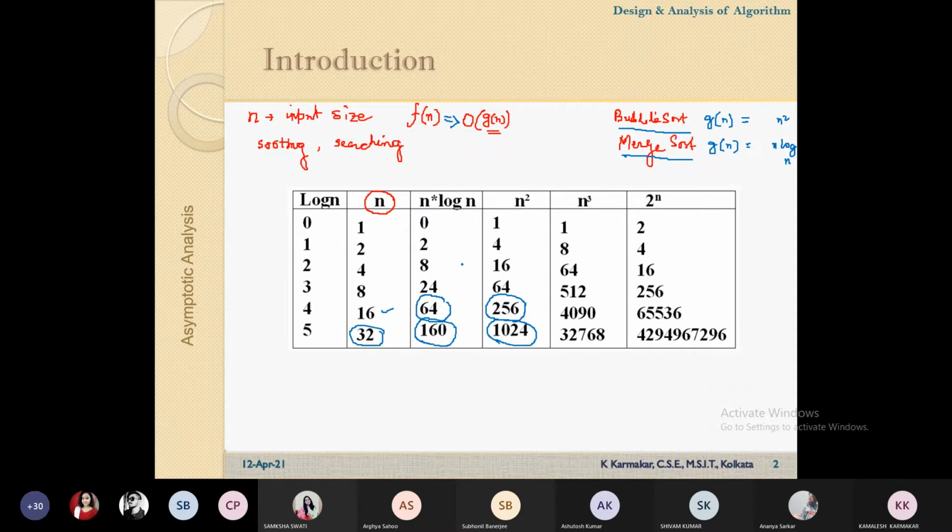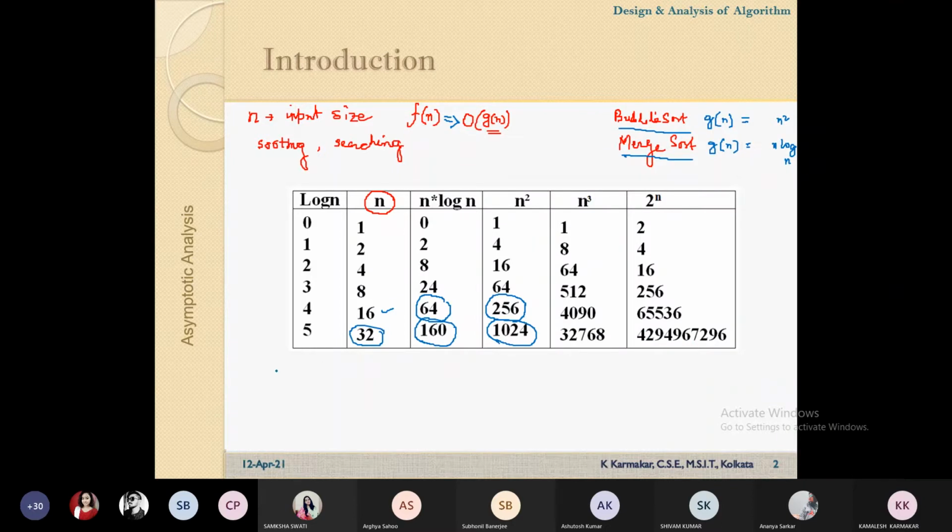Using this table, I want to represent that if a problem is given, with the change of input size, you can understand how its execution time will be affected. Now I'm coming to a different example.